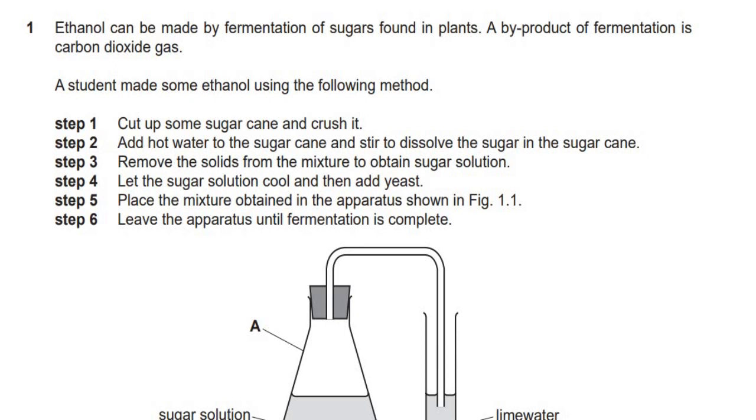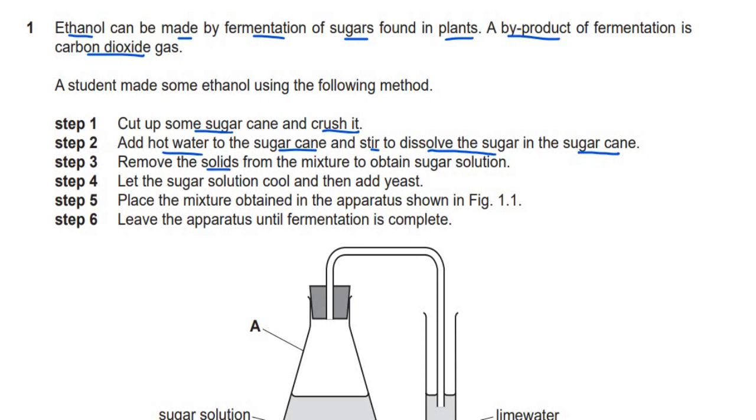So here is question 1, and it says ethanol can be made by fermentation of sugars found in plants. A byproduct of fermentation is carbon dioxide gas, and here are the steps which are performed to produce ethanol. That is, cut some sugarcane and crush it, add hot water to the sugarcane and stir to dissolve the sugar in the sugarcane.